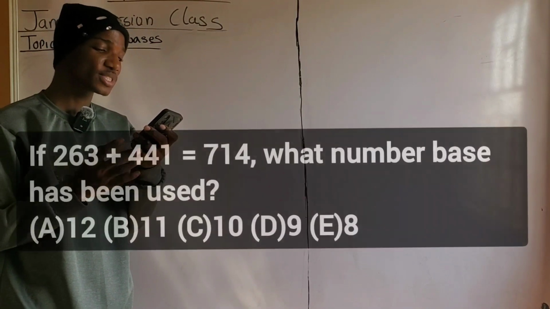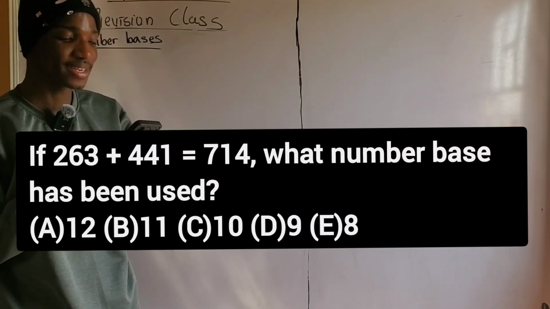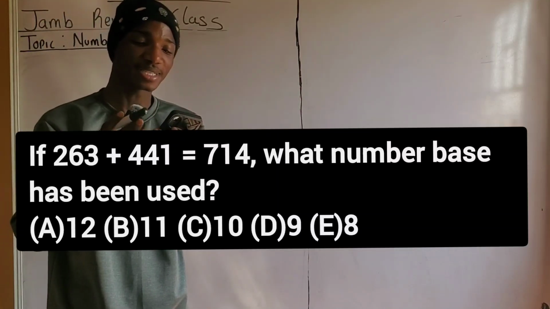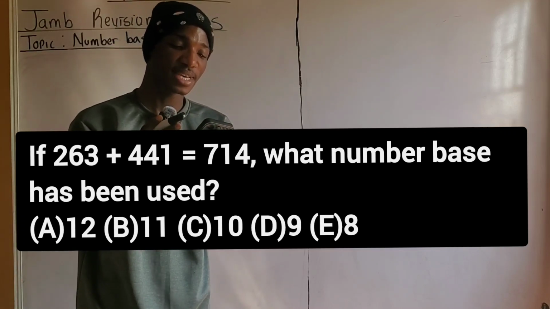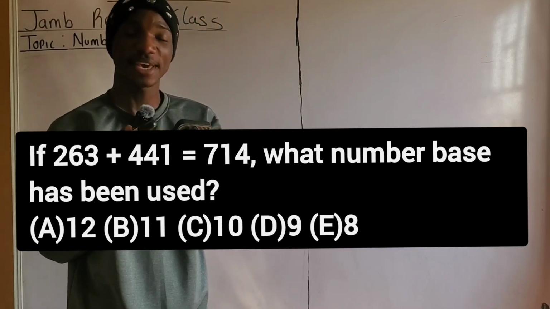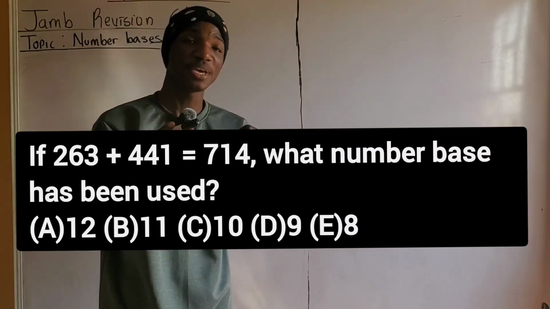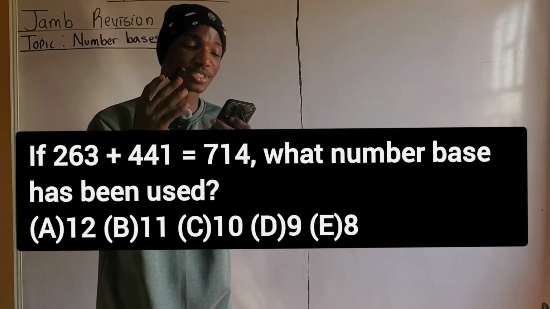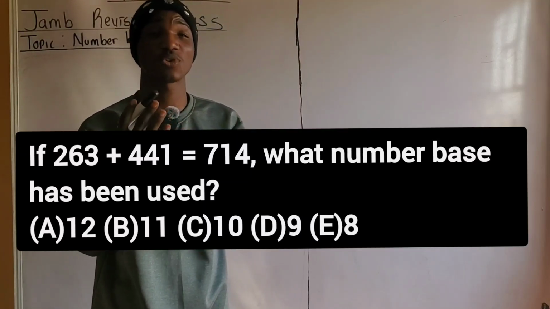If 263 plus 441 equals 714, what number base has been used? A 12, B 11, C 10, D 9, E 8. Now listen to me carefully. In this question, you are asked the base in which the numbers 263 and 441 are added together to obtain 714.